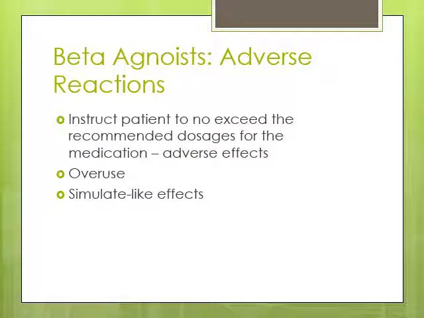They can also get a headache, so just let them know this up front. If the patient is having issues or adverse reactions such as palpitations, tachycardia, chest pain, muscle tremors, dizziness, headache, or flushing, then they need to let you know.